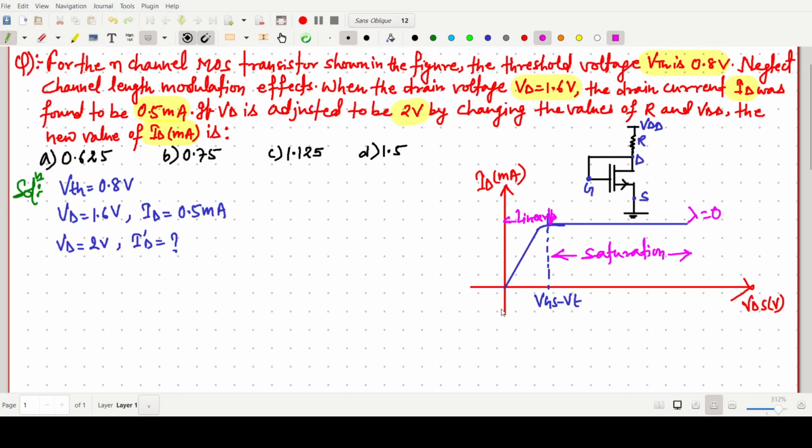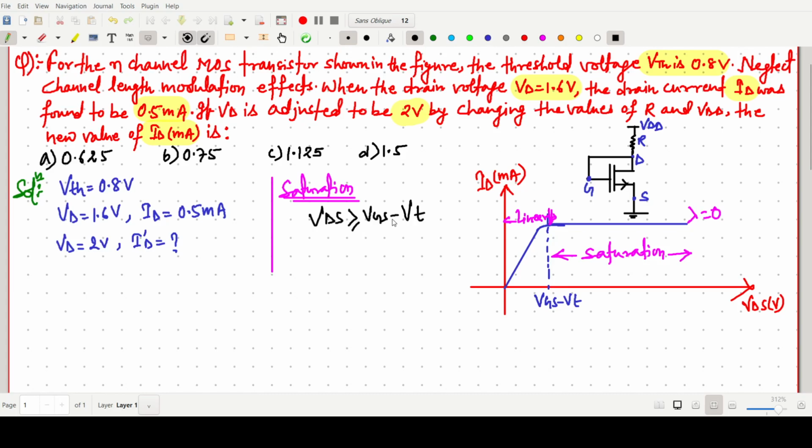So we have to find the drain current. As we know, for the saturation region, the VDS value will be greater than or equal to VGS minus VT.